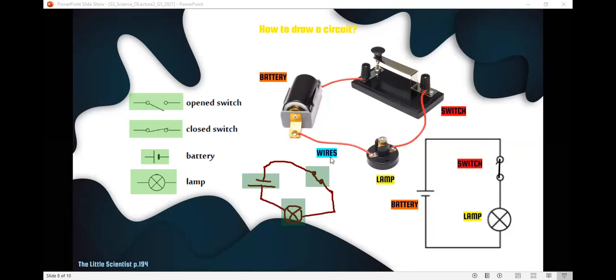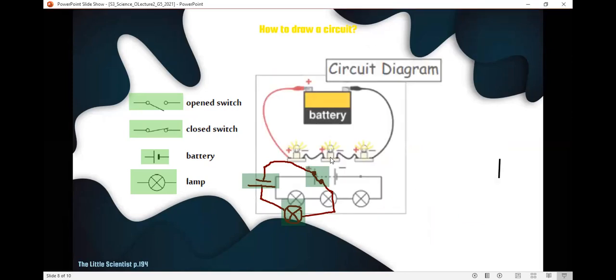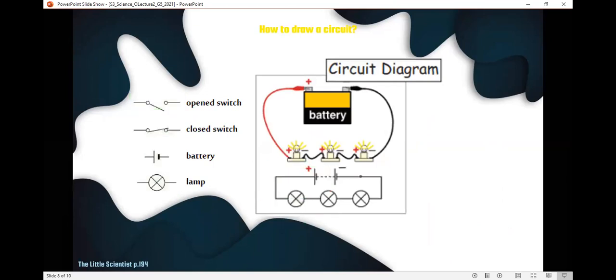Another example. Take this. Here is a circuit with a battery in it. How many light bulbs are there?